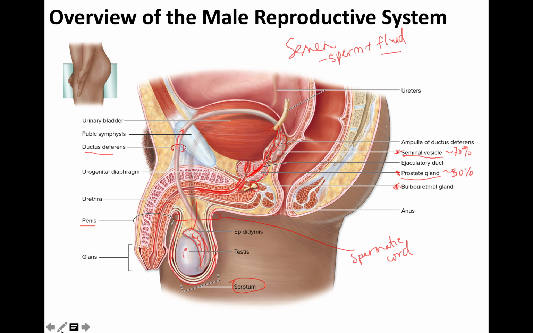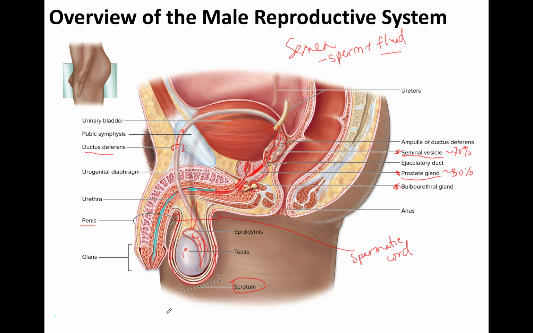So that will come out. It's going to clean out the urethra of any acidic urine. Then during ejaculation, semen will actually be ejaculated, and there is no need to worry about the tube not being clean completely. So that's the overview of the male reproductive system.